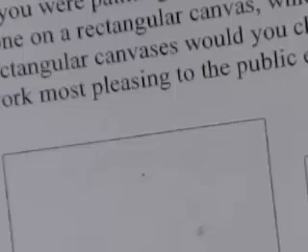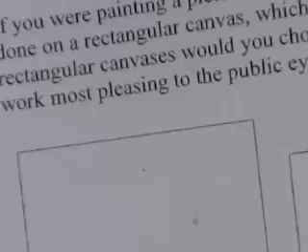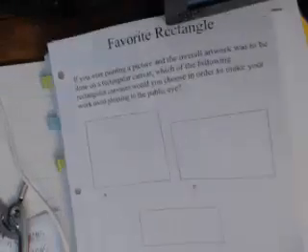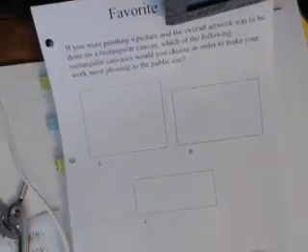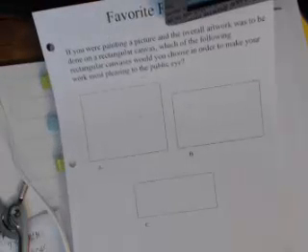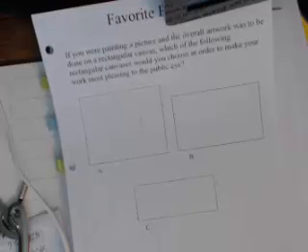All right, we now are going to look at some rectangles. And we say that rectangles that are of the golden ratio are the most pleasing to the eye. So you have three rectangles. If you think of a picture hanging on your wall, which one of these three would you think would be most pleasing?